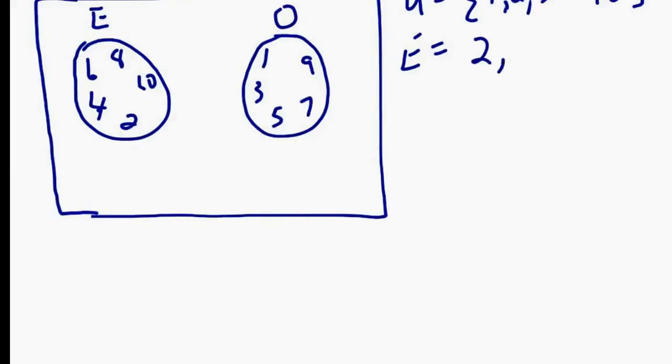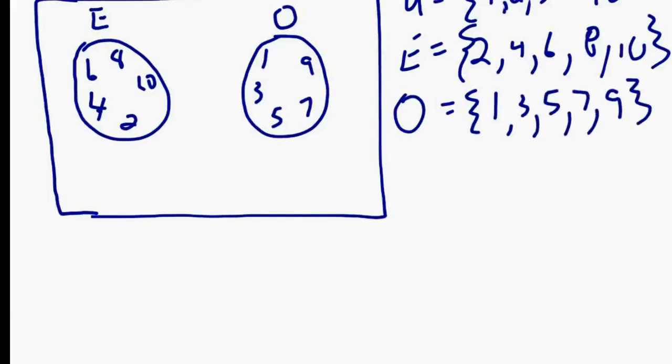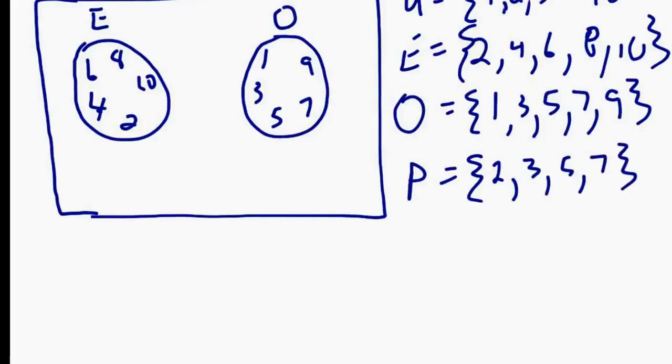So our even numbers are 2, 4, 6, 8, 10, odds 1, 3, 5, 7, 9, and then primes. Remember 1 isn't a prime, so we say 2, 3, 5, 7. That's it. So we have 2, 3, 5, 7 are the only ones that are primes.